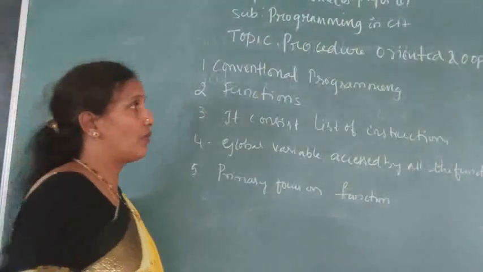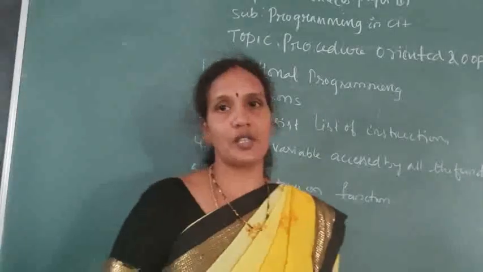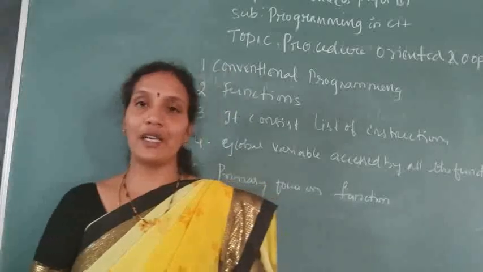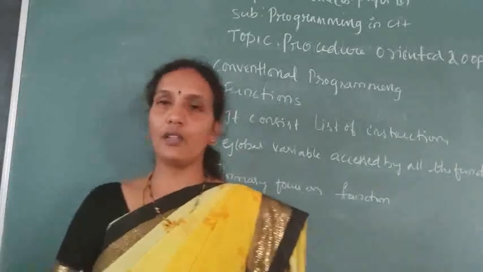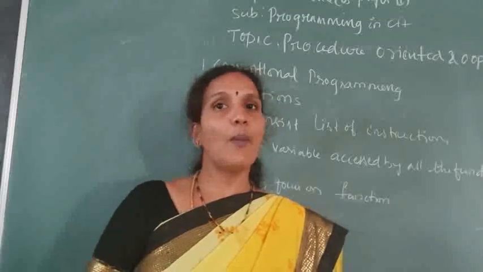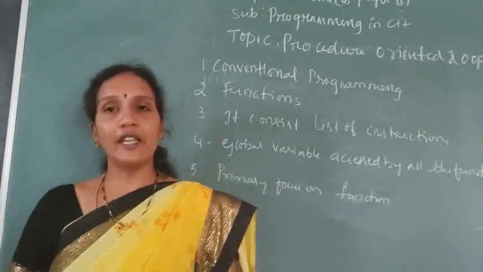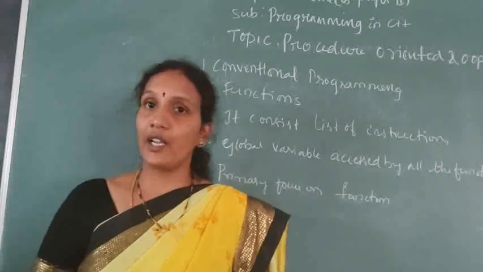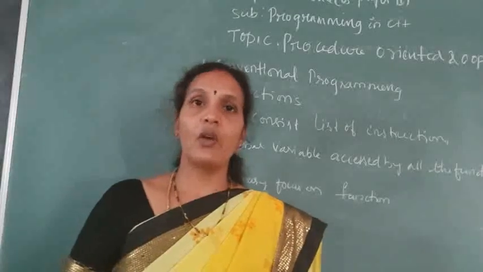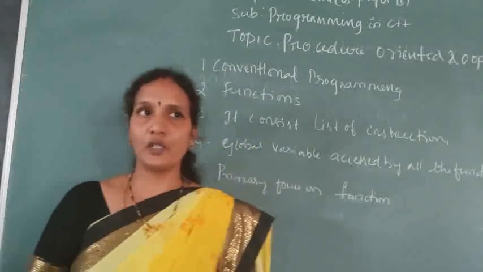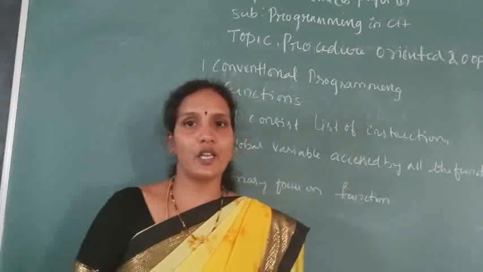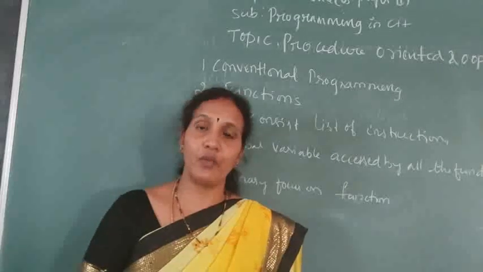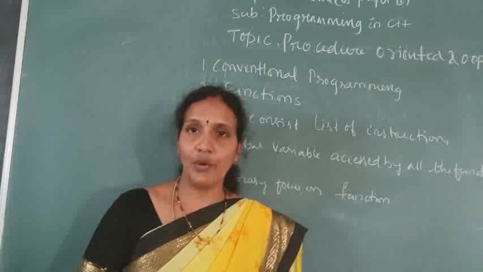Right. Next, the third one: it consists of a list of instructions. As I already said, a procedure-oriented program is a collection of functions, executed in a particular order, and each function is a collection of instructions or statements. Already I have explained some functions in C programming. In the body of the function, what statements have I given?